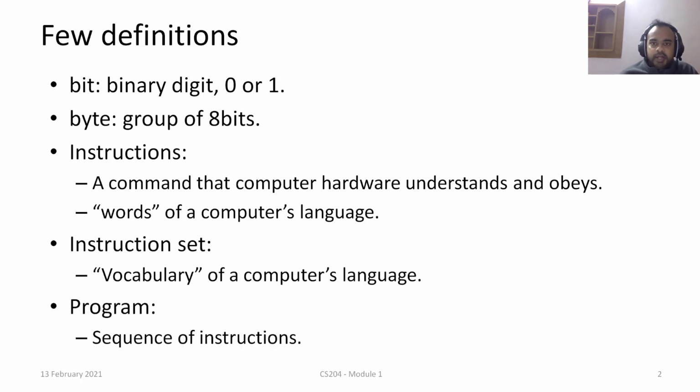Again, the very notion of program is a sequence of steps to achieve some end. And here we would say that each step would perform one specific instruction. So program is a sequence of instructions.